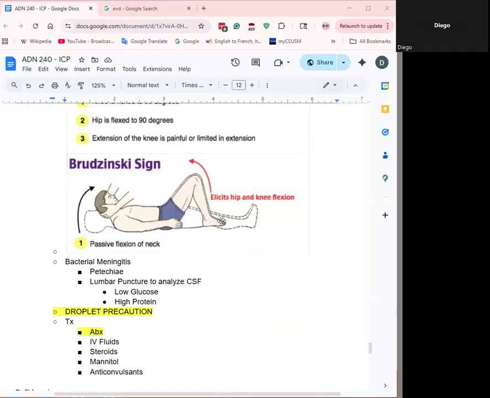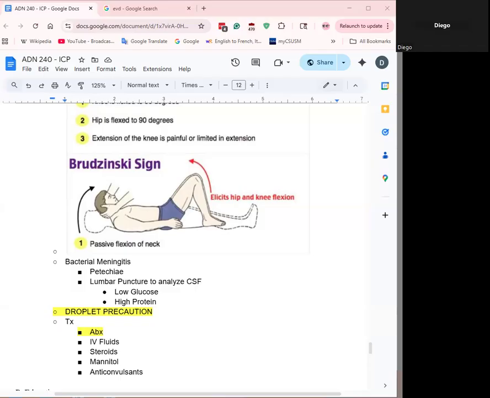Other than the pain, this is another thing involving the neck when it comes to meningitis. Having them flat and lifting their head up could cause their hips and knees to inherently shift up, causing involuntary bending of the knee, which could suggest inflammation of some of the structures around the brain and spinal cord.